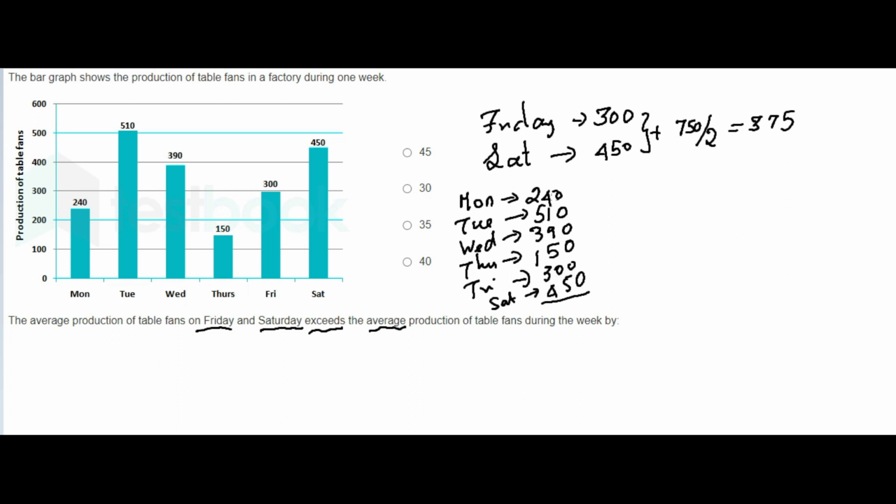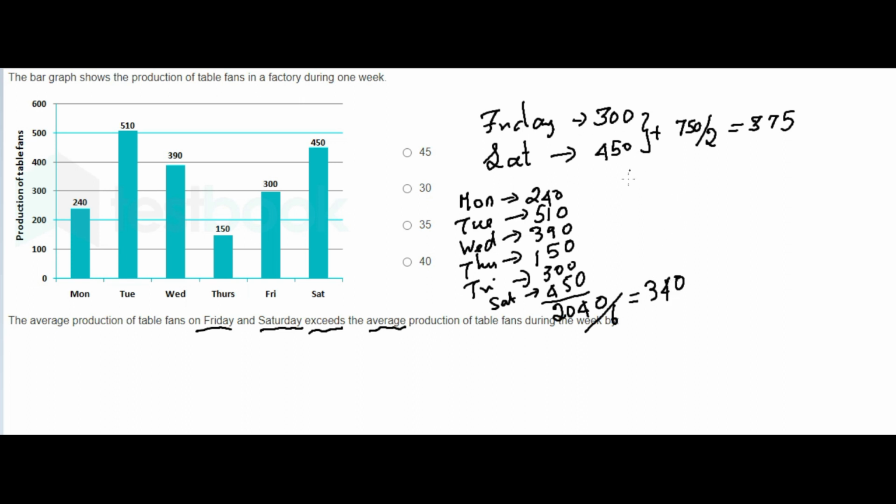When you add all these, it will be 2040. Totally we have 6 days. So if you divide by 6, 6 times 3 is 18, 6 times 4 is 24, you get 340. So what does it mean?